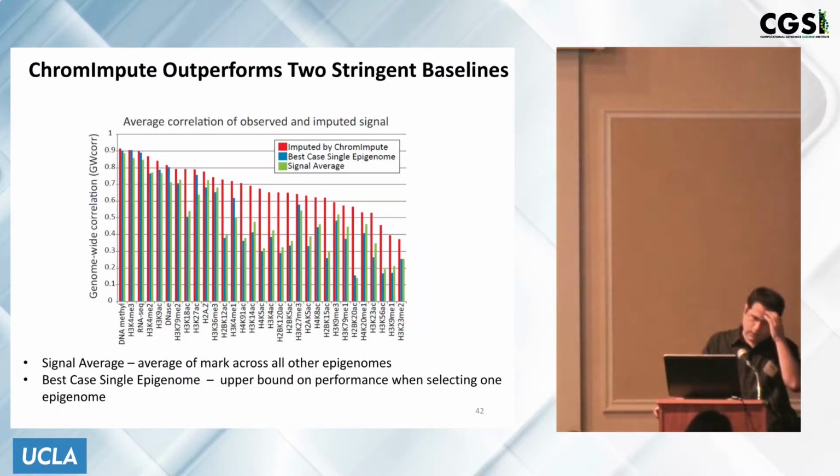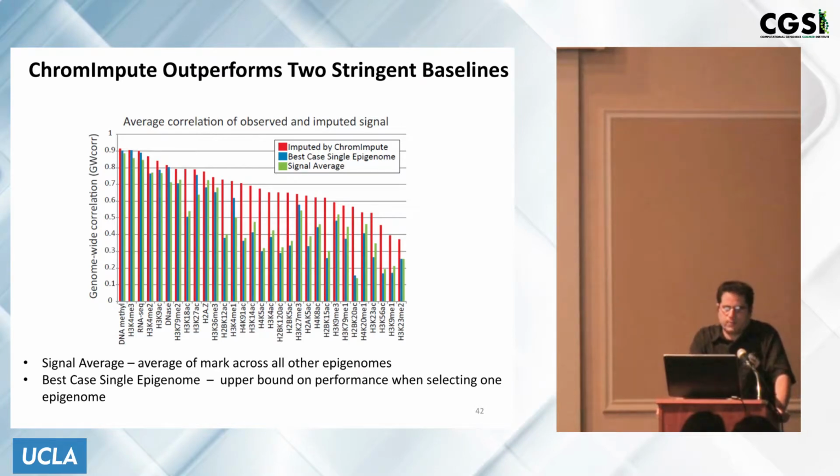And we also quantitatively evaluated this. In this case, we compared to two stringent baselines. One was the best case for using any single data set for that mark, no matter how well we would predict which cell types to use in place of the one we're trying to fill in. Often this is how people work in practice.